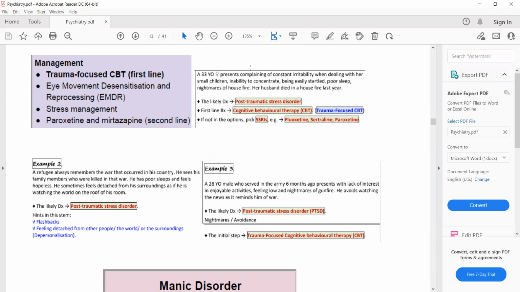So the first two lines do not give the diagnosis: irritability when dealing with the children, inability to concentrate, being easily distracted, poor sleep. The only clue that gives the diagnosis is nightmares. Flashbacks or nightmares are the main features of post-traumatic stress disorder. Trauma-focused CBT or EMDR is the first line. If not in the options, then you will pick an SSRI, such as fluoxetine, sertraline, or paroxetine.